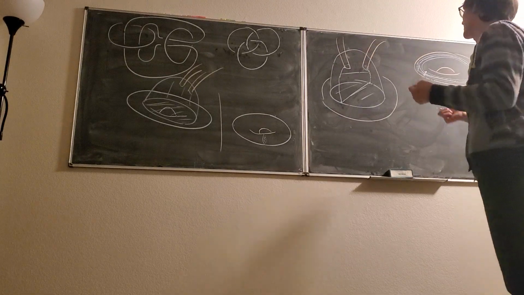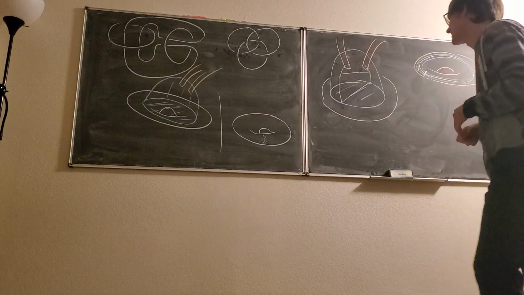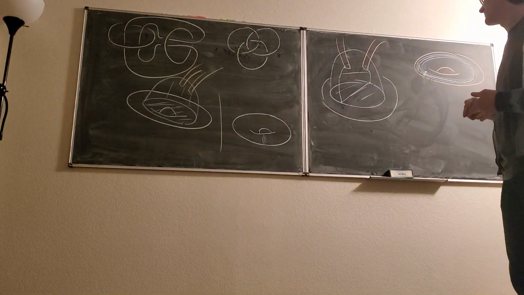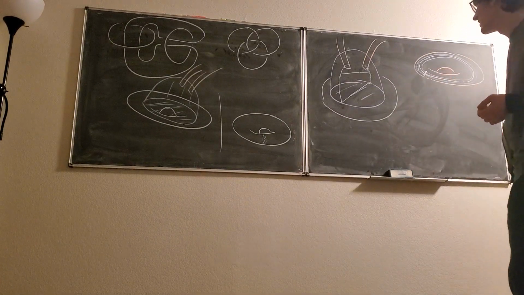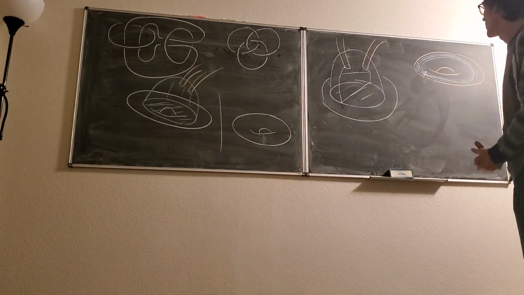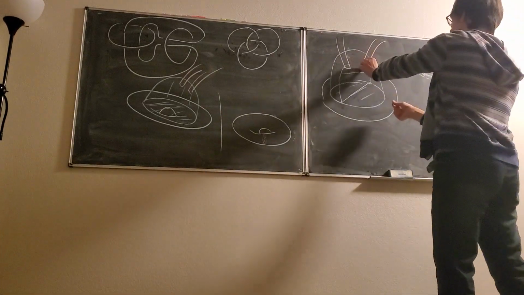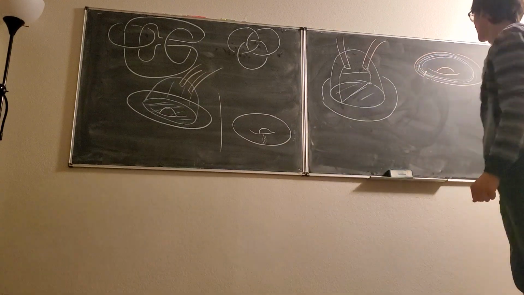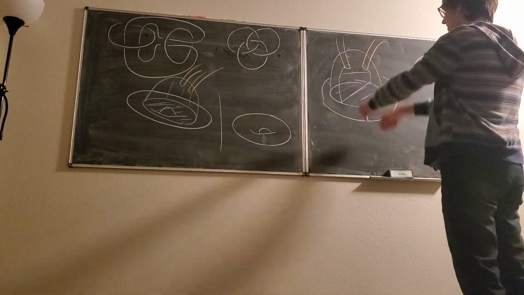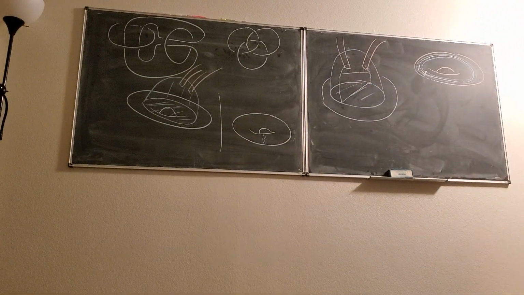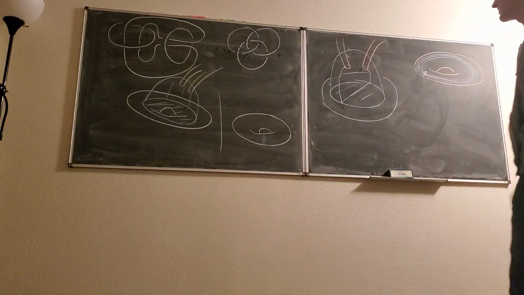And we're trying to keep a regular circle here, or I don't know how to describe it, but these curves can't be changed into each other. They can't be shrunk to a point, because at least for this particular curve, they're always going to be around these holes or boundaries, and you're never going to be able to shrink it to a point. And similarly, you can't shrink this one to a point, because you can't escape these tubes.